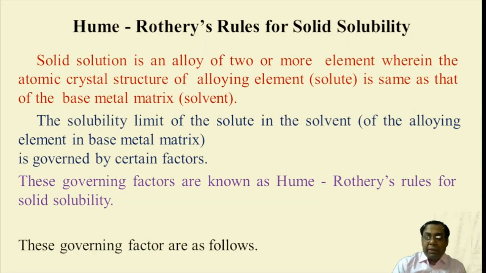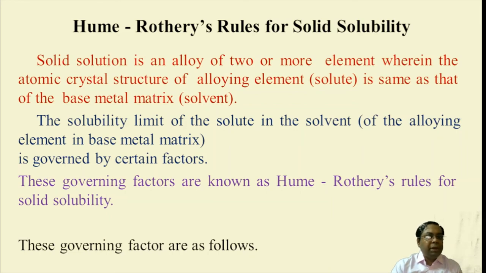Well, now it is very important, the Hume-Rothery's rule for solid solubility. A solid solution, we know, is an alloy of two or more elements wherein the atomic crystal structure of the alloying element or solute is the same as that of the base metal matrix or solvent.